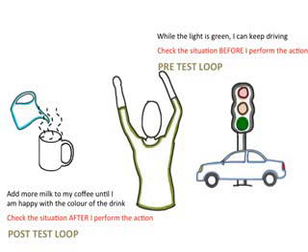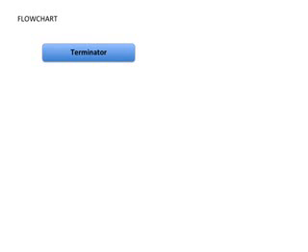So let's start with a flowchart. Remember that a flowchart only has 3 symbols. The terminator symbol is a rounded rectangle. It appears at the top and the bottom of every flowchart. Remember that at the top of the algorithm we write the word begin, and at the end of the algorithm we write the word end.